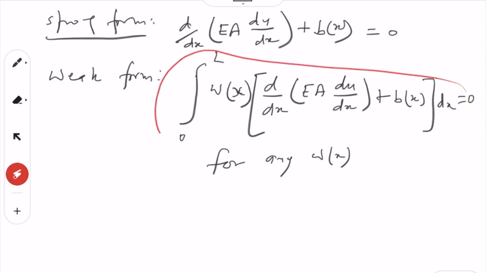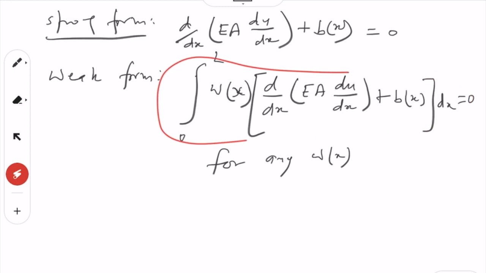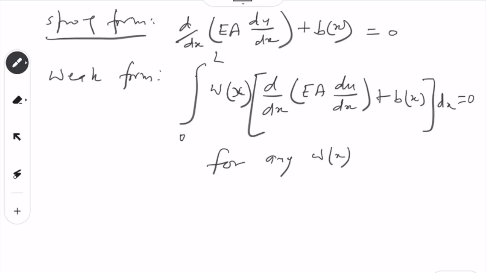Okay. So if u is the solution, even if it is an approximate solution, then regardless of what weight function we are using here, multiplying and integrating it should be equal to 0. So hence we are writing for any w(x), provided there is also a boundary condition.